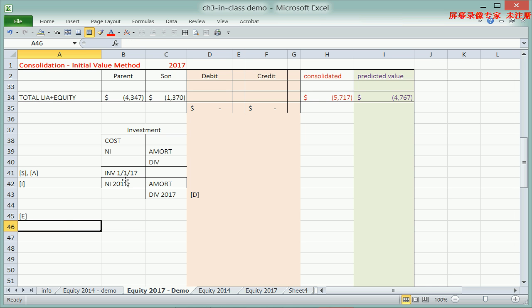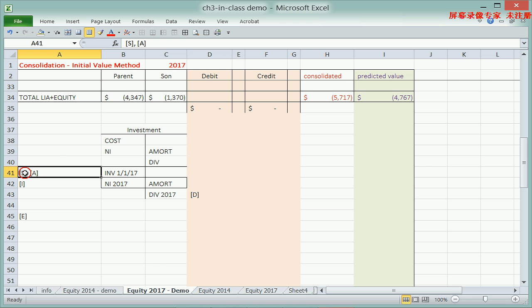So why do we use S and A to eliminate investment 1-1 2017? We need to look at the investment account from the previous years. Because this is equity method, the essence of equity method is that our investment reflects the equity changes of the subsidiary.